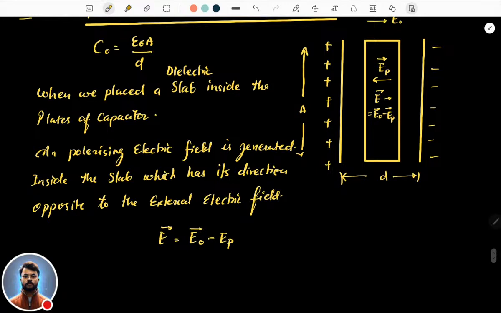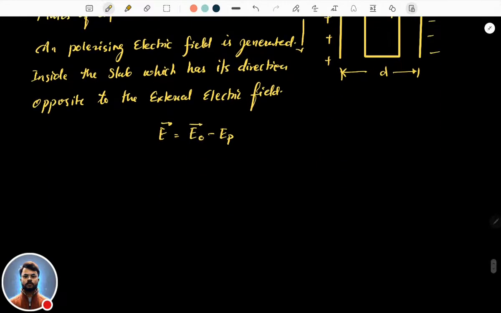Now here, as we already discussed in our first chapter, the dielectric constant K is also referred to as the relative permittivity, that is ER, equal to E naught over Em, where Em refers to the medium. So it is also written as E naught over E. This is the relation between the electric field when there is no medium inside and when the dielectric medium is placed.